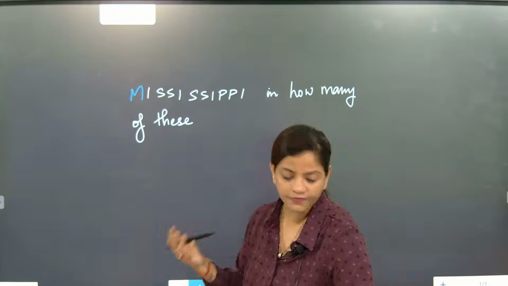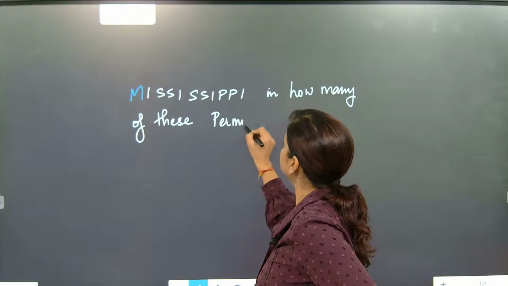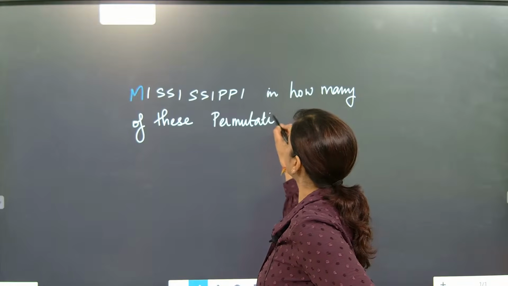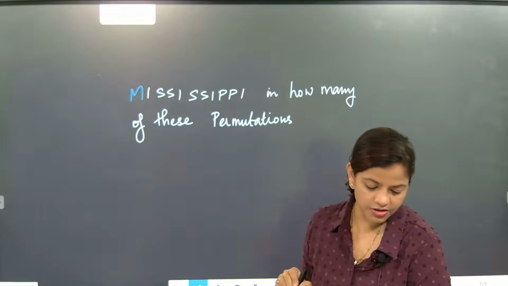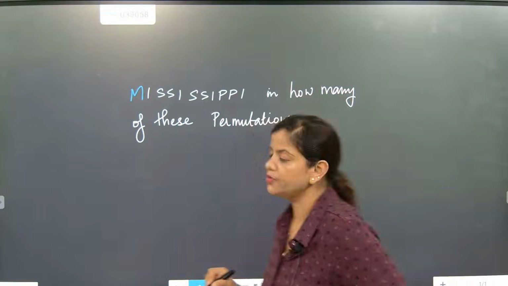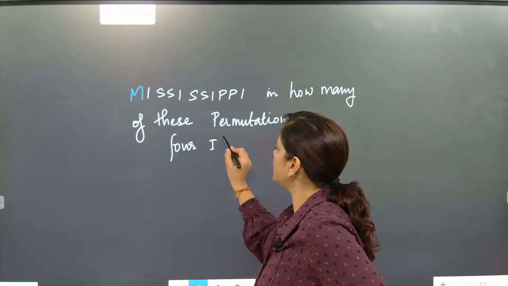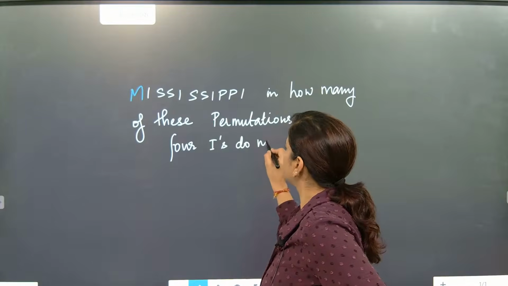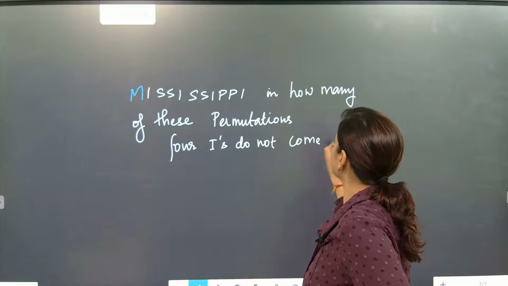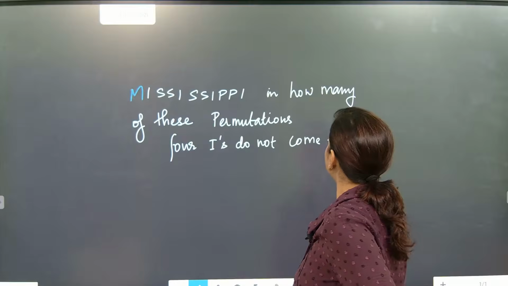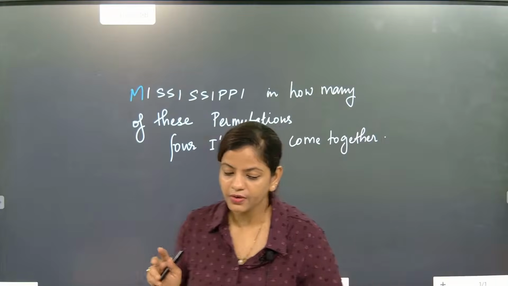In how many of these permutations do the four I's not come together?